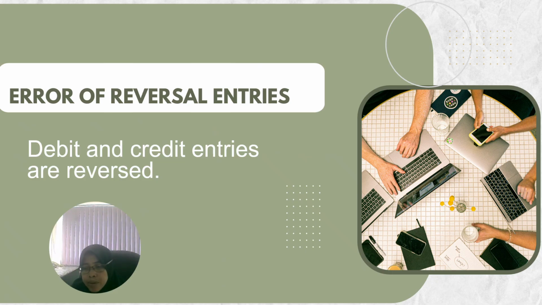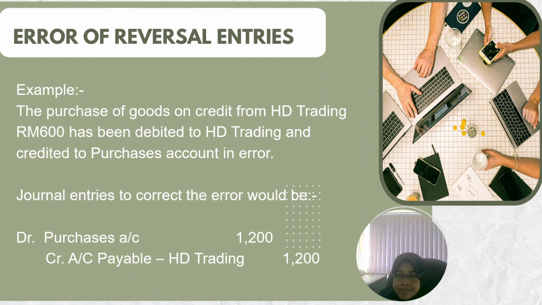Next we have error of reversal entry. Error of reversal entries occurs when the debit and credit entries are reversed, meaning the account that needs to be debited has been wrongly credited, while the account to be credited has been wrongly debited. Look at the example. The purchase of goods on credit from HD Trading, RM 600, has been debited to HD Trading and credited to the purchases account in error.